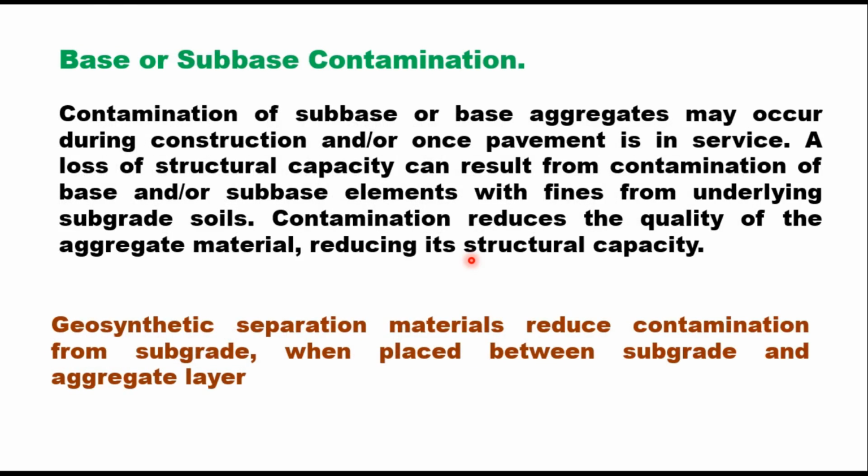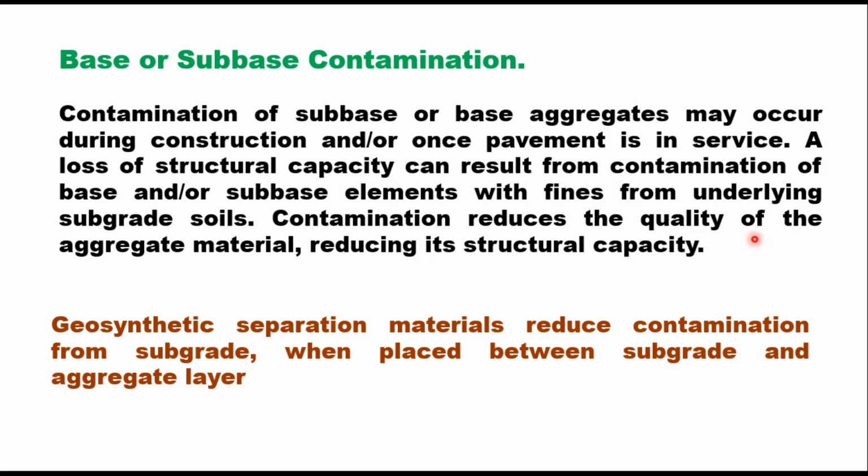Base or sub-base contamination. FAA suggests that contamination of sub-base or base aggregate may occur during construction or once the pavement is in service. A loss of structural capacity can result from contamination of the base or sub-base elements with fines from underlying subgrade soil.